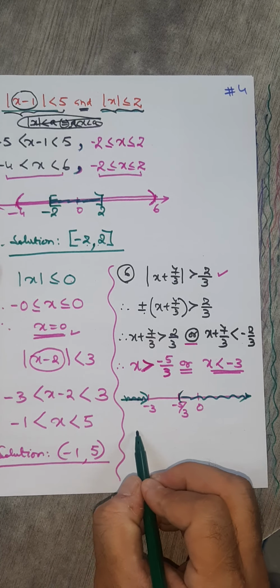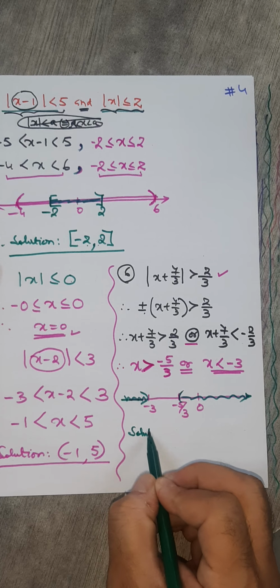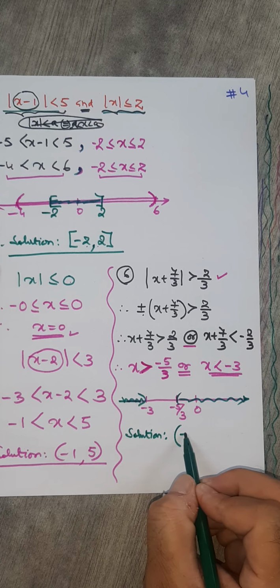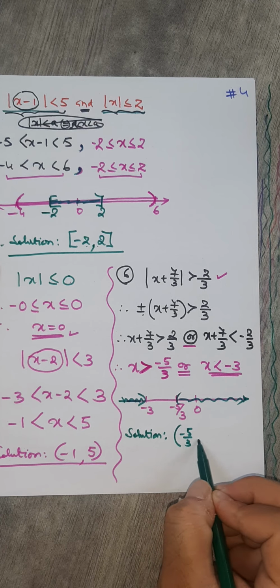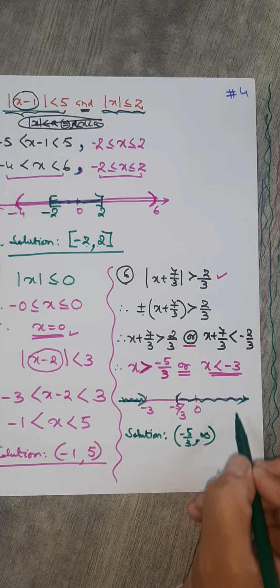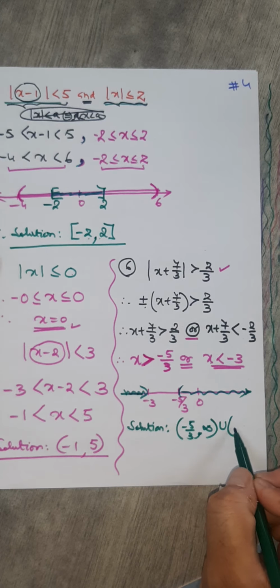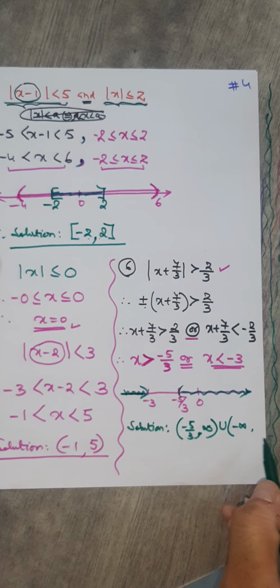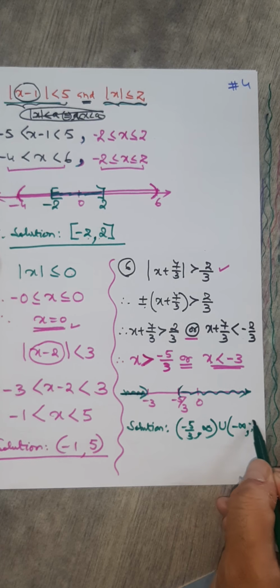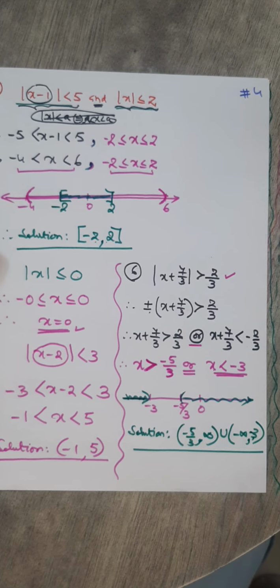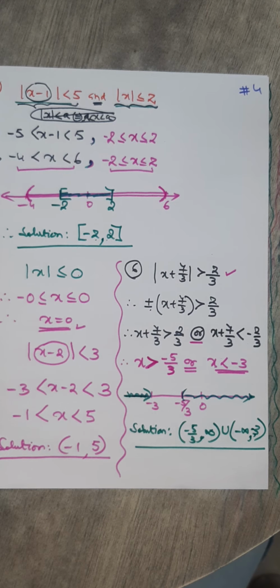So this is the solution. You can write the solution like this: minus 5 by 3 to infinity, this portion, or union, minus infinity to minus 3. Required solution, remember.